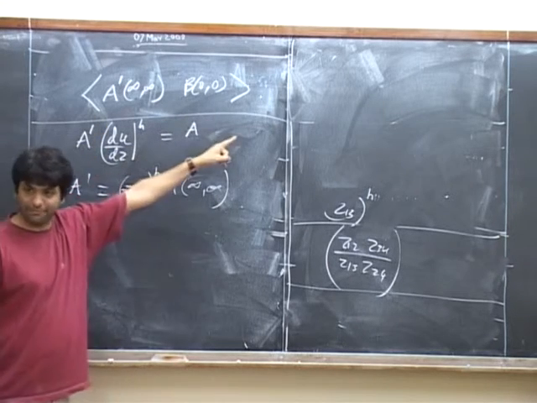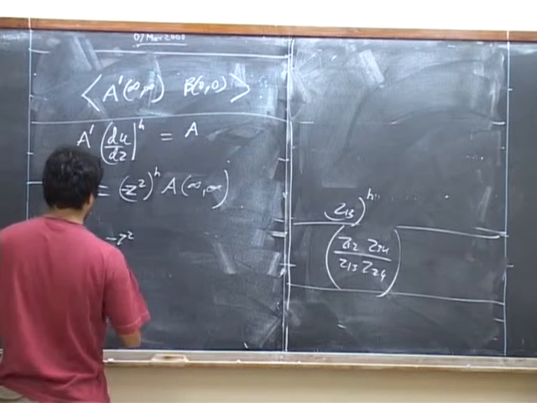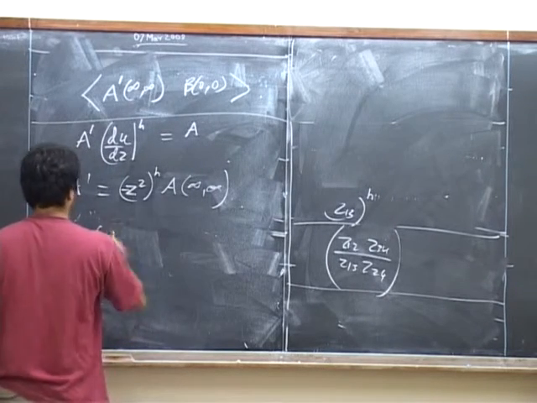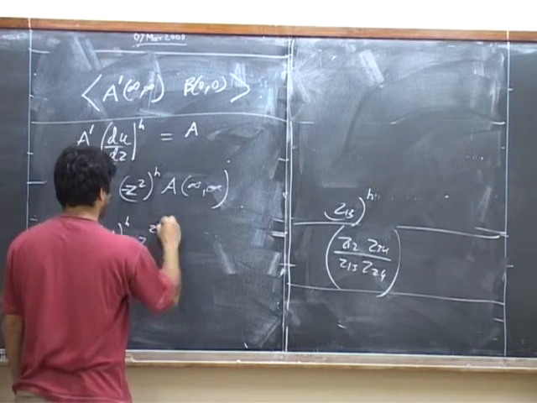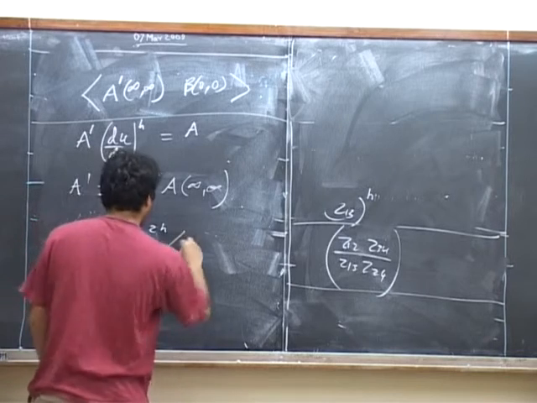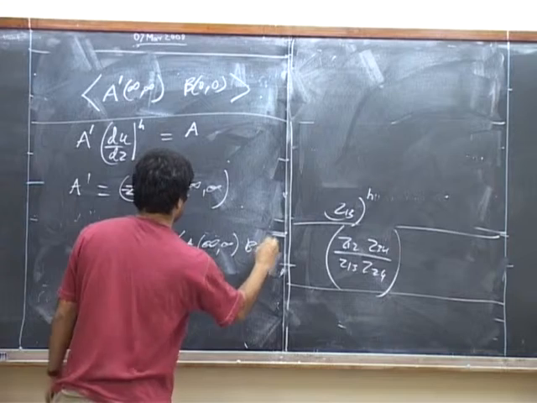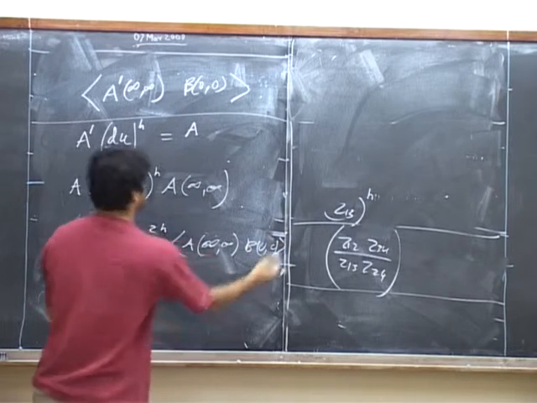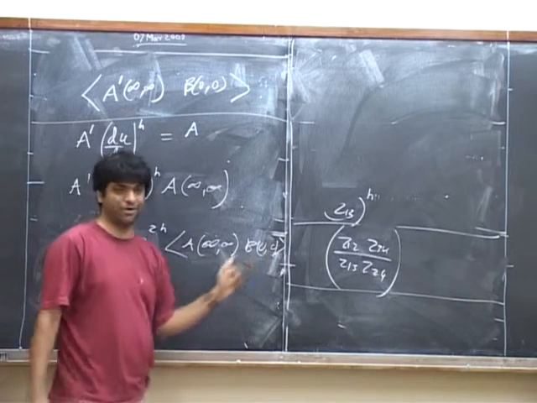So this 2-point function is minus 1 to the power h times z to the power 2h times A infinity B 0, 0. Now this is just a simple correlation function.